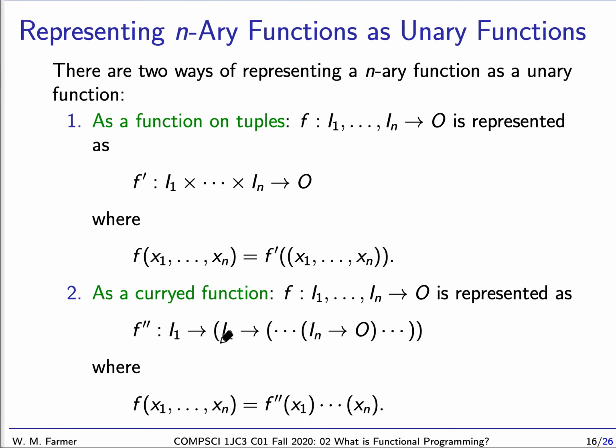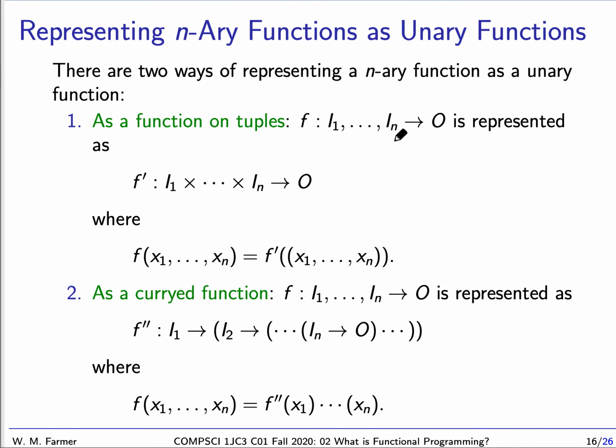So that begs the question, how are we going to represent N-ary functions if all functions are N-ary? Well, there are actually 2 ways we can do this, and Haskell supports both. The first is, let f here be an N-ary function that takes n inputs and produces an output.